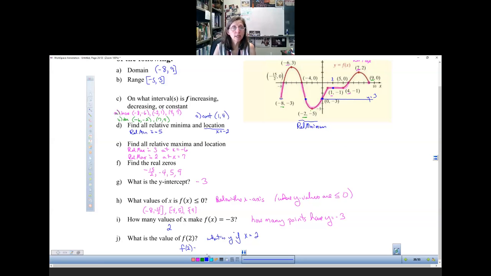Somebody help me out. What is the y value for this point on my graph? -1. -1, exactly. Thank you very much. So f of 2 is -1, and that is my final answer there. Questions?